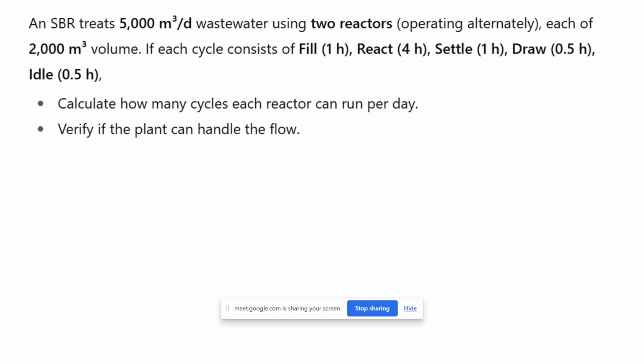I have already read that problem, and for how many cycles we have to add the hours only, no? And this is only a single basin? Two reactors, so there are two basins, no? Generally, what I know is that when there are two basins, one is under filling and aeration, and the other is settling, and the next time it will be on decanting.